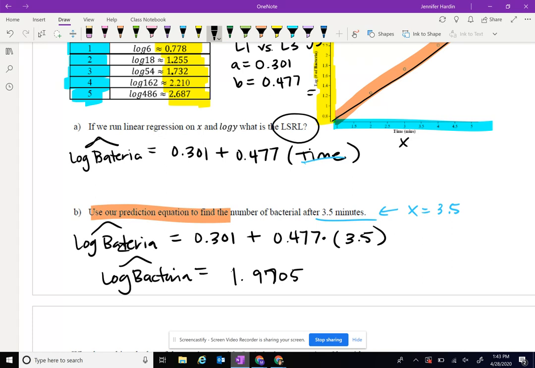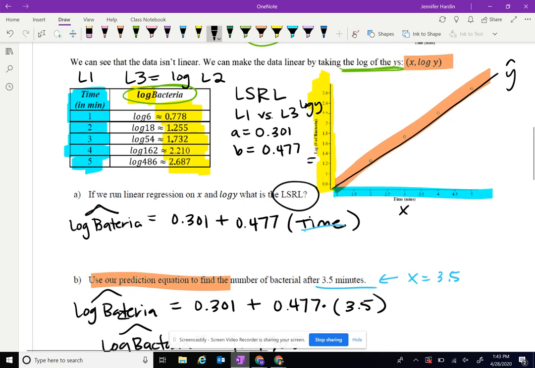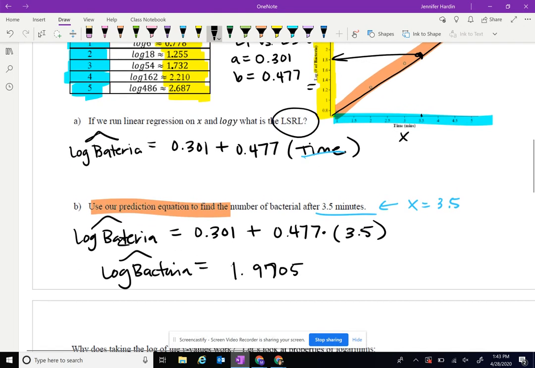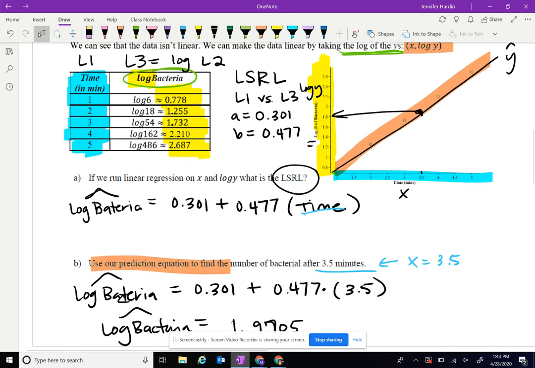So this is what I mean by don't stop. Plugging in 3.5 into our equation, it's predicting we're going to get out 1.97. But this is predicting the log of that bacteria.